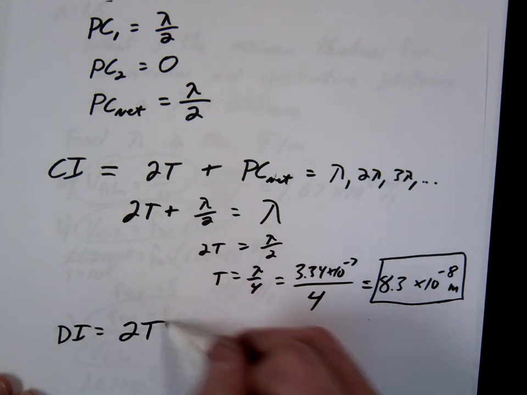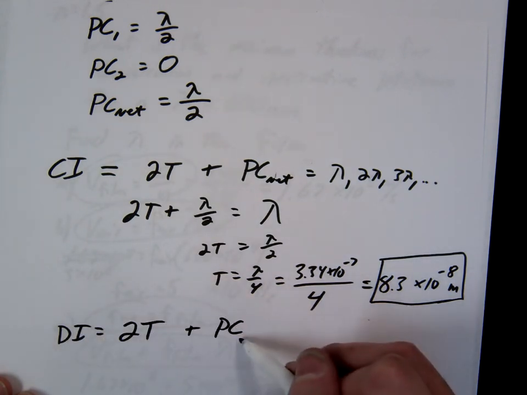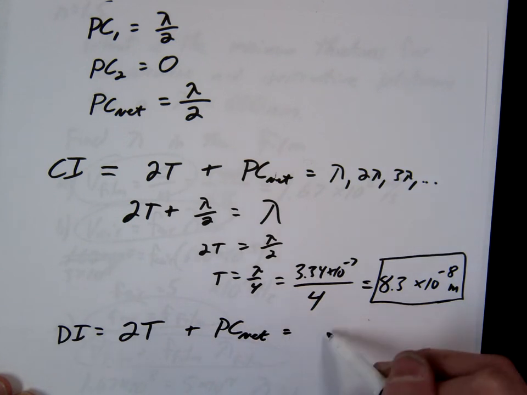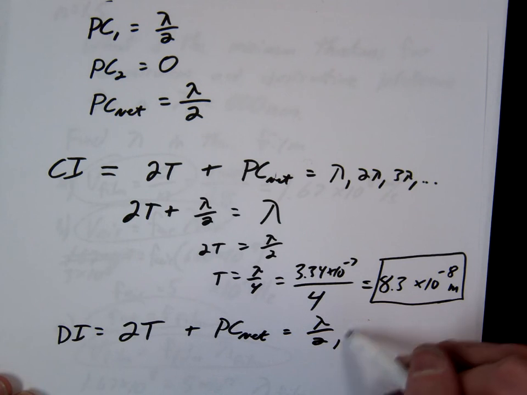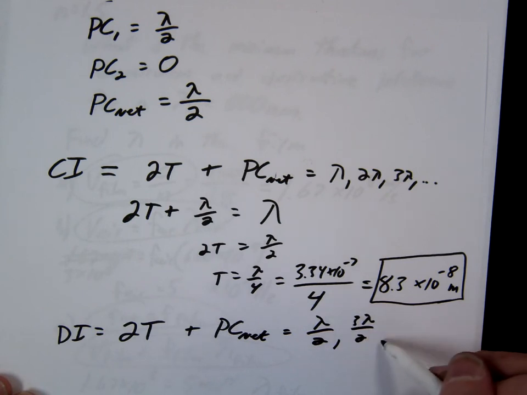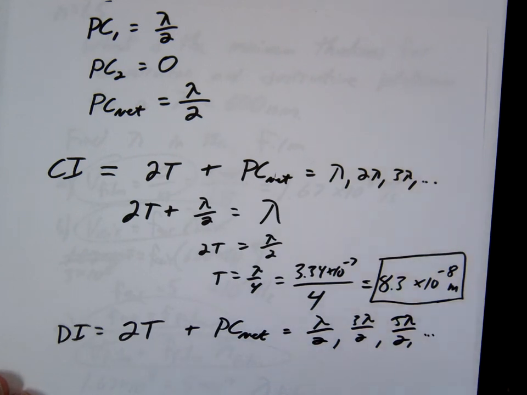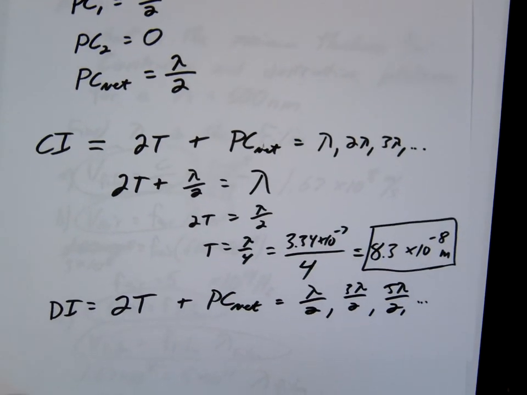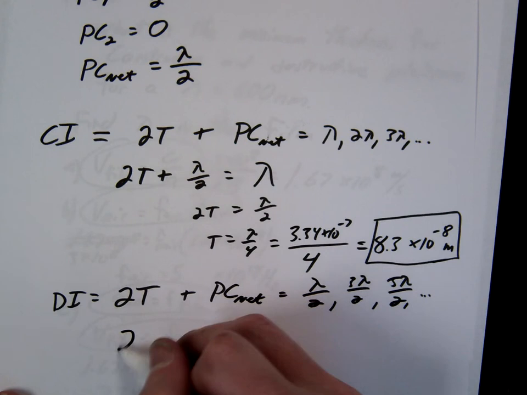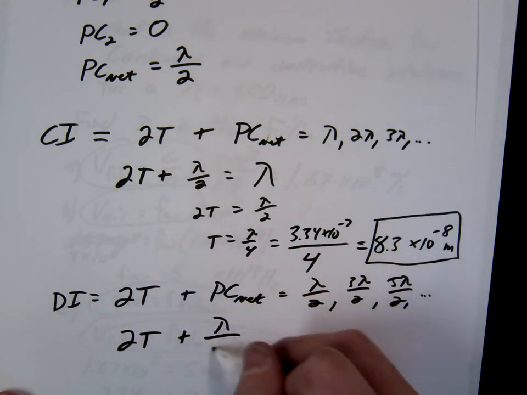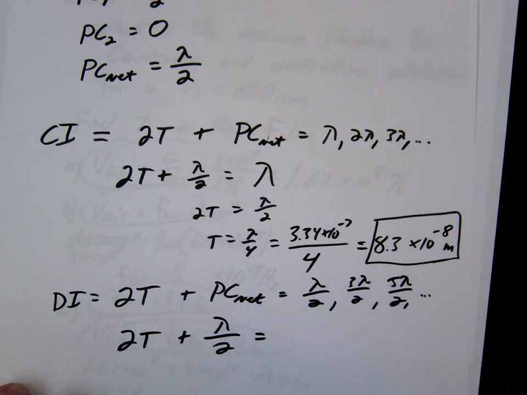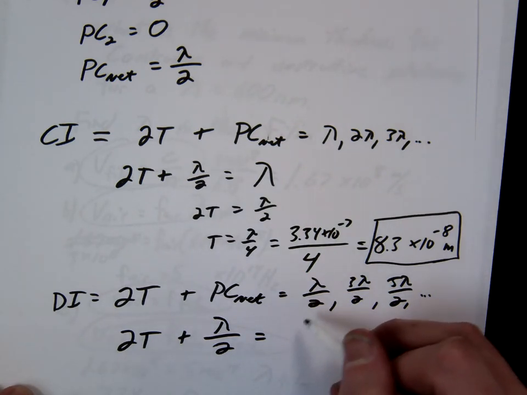Almost the identical equation. What's the only difference? Lambda over 2, or 3 lambda over 2, or 5 lambda over 2. So let's write it out. 2t plus, there was a phase change, so we're going to go lambda over 2 here, equals, ooh, what happens here?